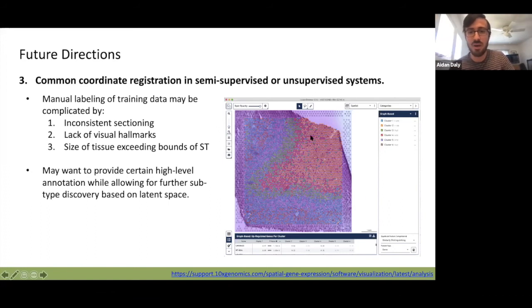We see that, by and large, we do get these nice cortical layers, but it's very noisy because they're not using any image data and they're not using any spatial data. So if we could find a way to do these types of unsupervised or self-supervised approaches to labeling, but incorporating this nice neighborhood information and information from both modalities, that would be ideal.